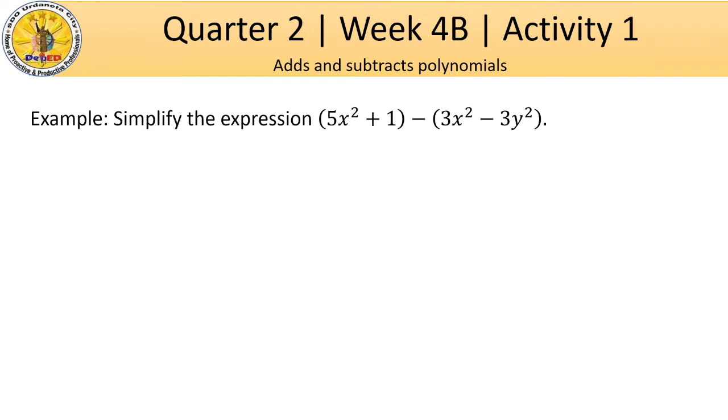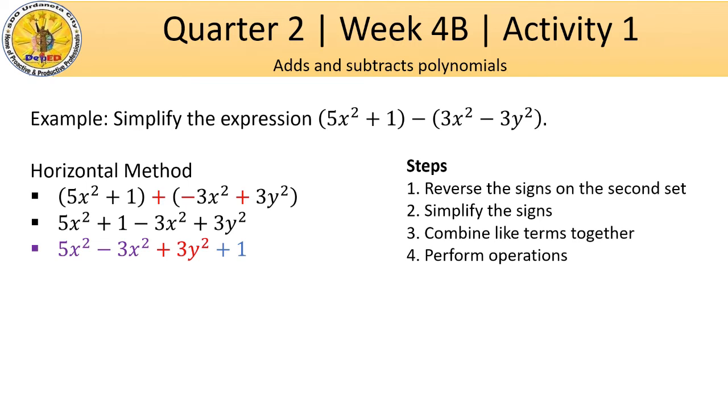In this example, I will use the horizontal method. The first thing I need to do is to reverse the sign of the second set. The expression will become open close parenthesis 5x to the second power plus 1 plus open close parenthesis negative 3x to the second power plus 3y raised to the second power.